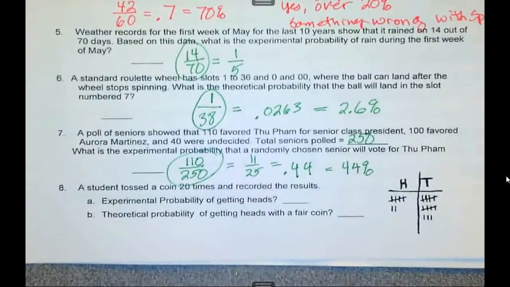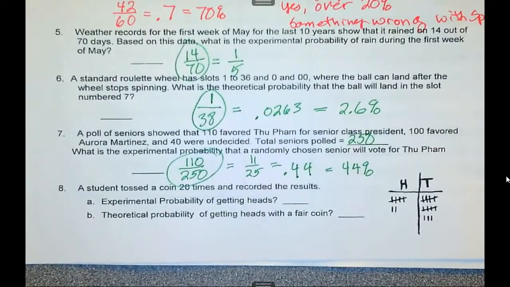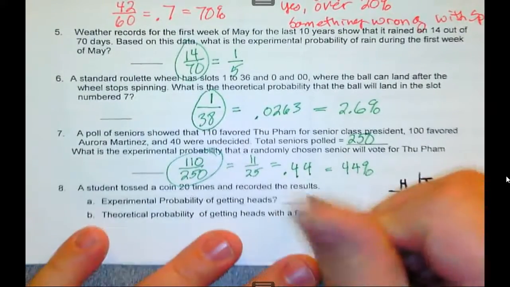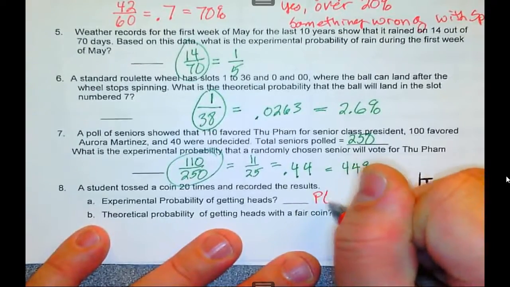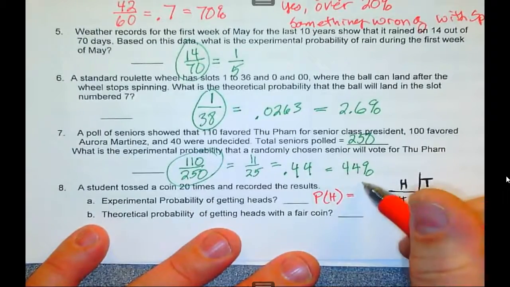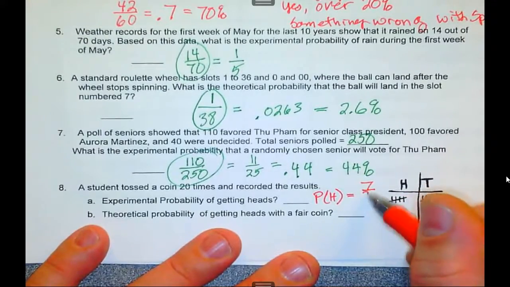Number 8. A student tosses a coin 20 times and recorded the results. The experimental probability of getting heads. So the probability of heads, experimental. See, 7 out of 20.